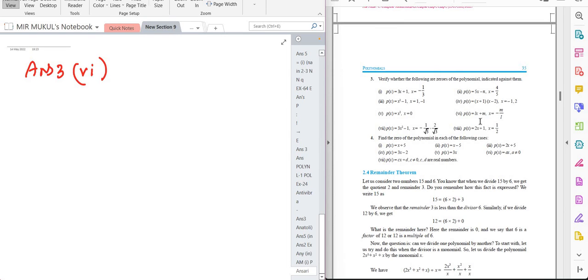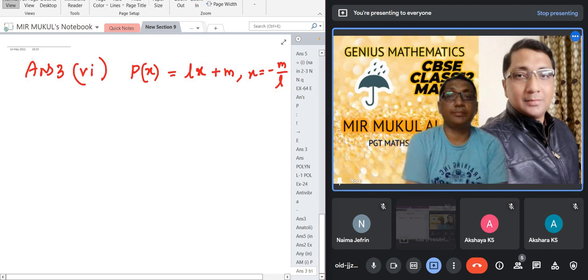Sixth question. Here P(x) equals Lx plus m, and we have to check whether x equals minus m by L is a zero or not.